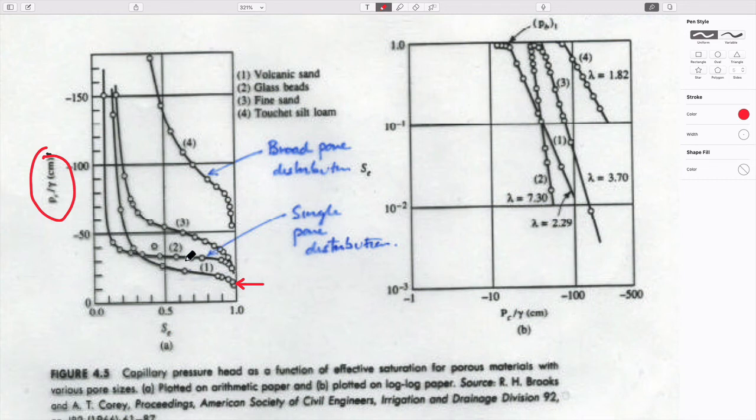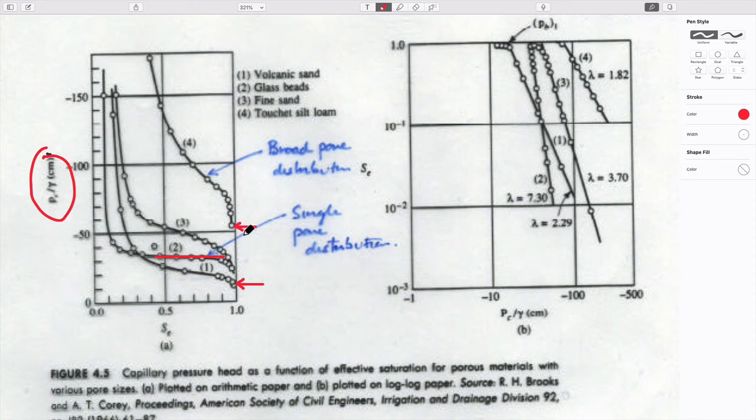From the fact that this curve is almost horizontal, it means that almost all the pore spaces in it are roughly the same size, because as soon as you saturate one of them, you saturate almost all of the porous medium. And up here, this would have the lowest permeability.